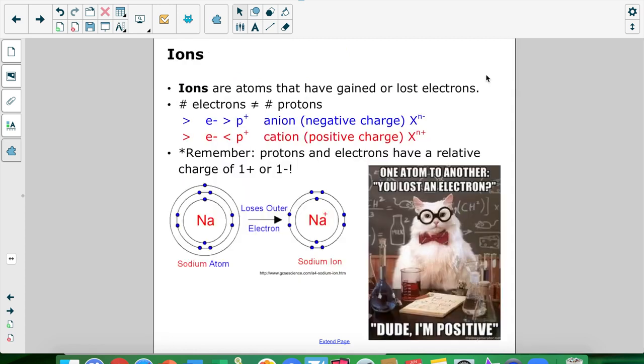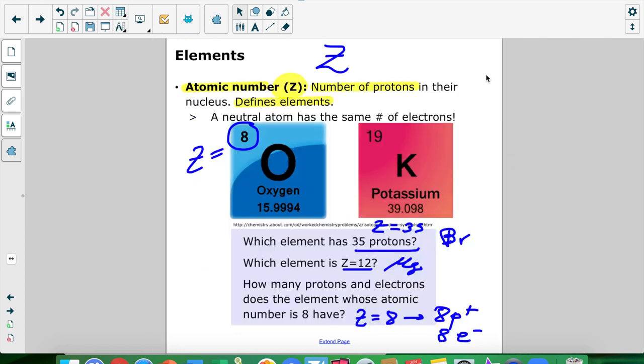When the atom of an element is not neutral, so when it has a charge, we call it an ion. Right before the explanation of ions, we learned about the elements. If it doesn't tell you anything about an atom having a charge, you take for granted that the atom is neutral, that it has the same number of protons and electrons.